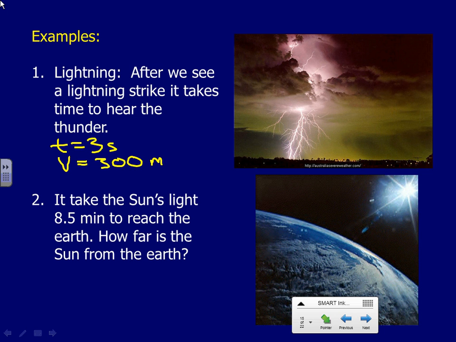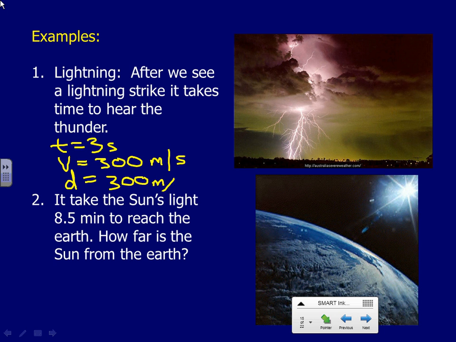If I want to find the distance, and it's been traveling for 3 seconds, what do I have to do mathematically to those numbers? It's traveling 300 meters per individual second for 3 seconds. Yep, you multiply them.